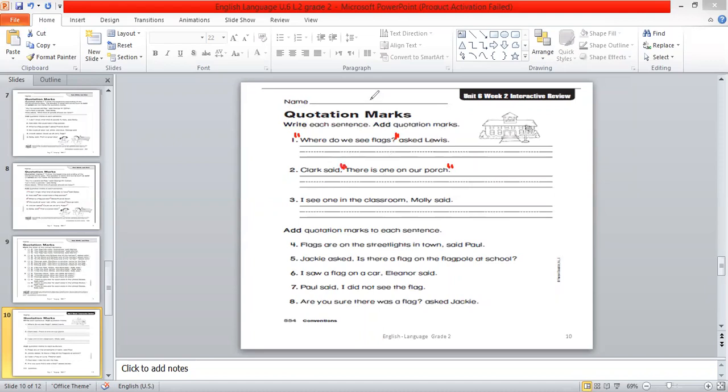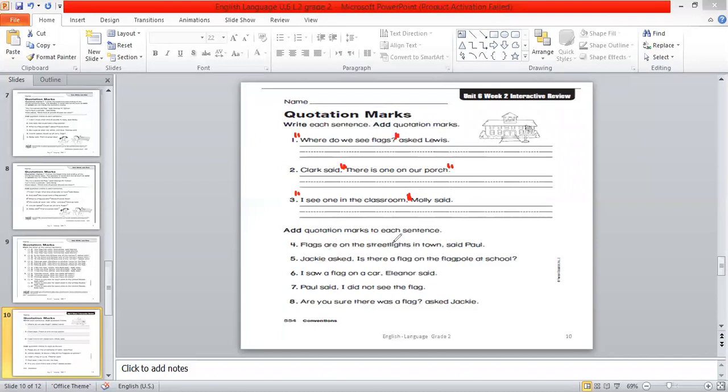After we finish, I want you to rewrite the sentence again with the correct quotation marks. Number three, I see one in the classroom, Molly said. Yes, I have to start here, and after the comma. Okay, is it clear? The next one, add quotation marks to each sentence.